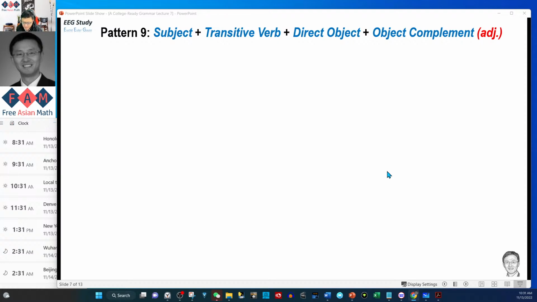So this time we just add a complement to the object, and it's an adjective. The next pattern, number 10, would be the noun version of the complement, but that will be analogous to patterns number 2 and 7. Okay? So, the king considered Anne beautiful.